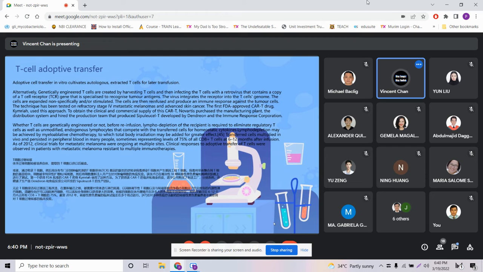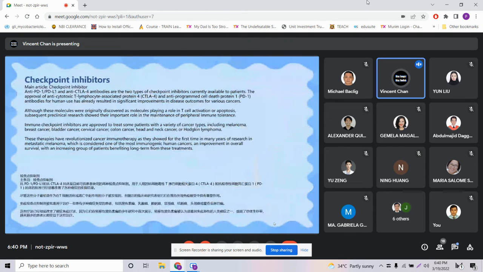Okay, next page. It's about checkpoint inhibitors. Main article, checkpoint inhibitor. Anti-PD-1 or PD-L1 and anti-CTLA-4 antibodies are the two types of checkpoint inhibitors currently available to patients.